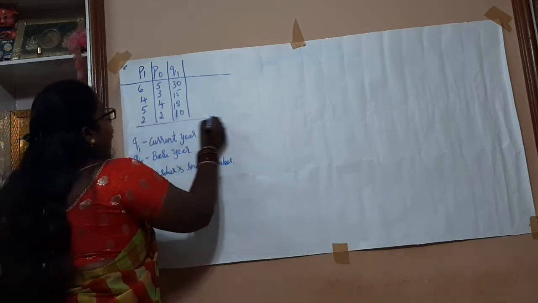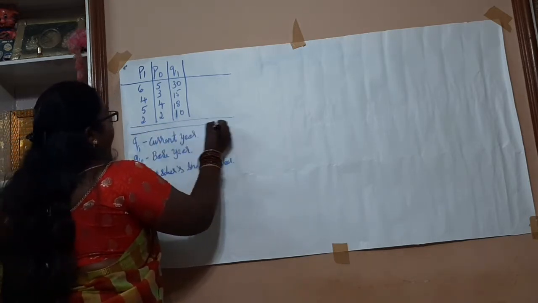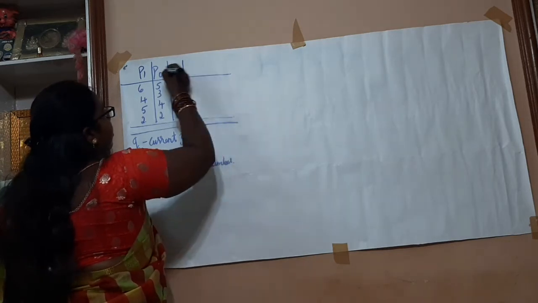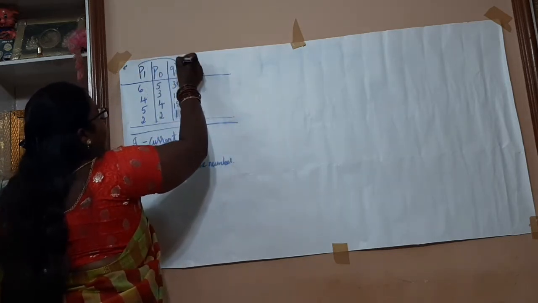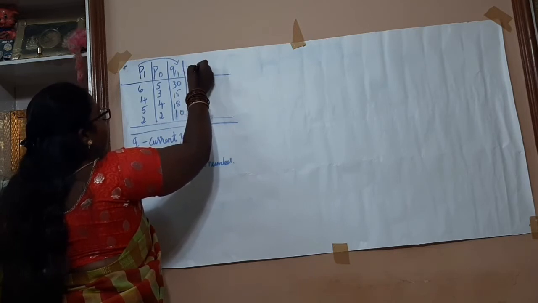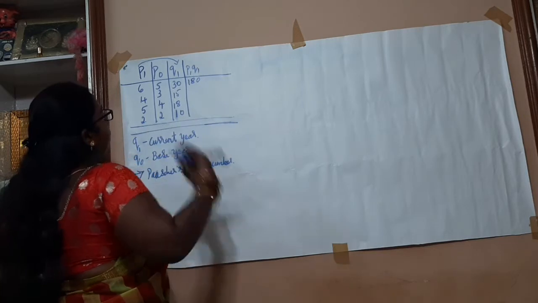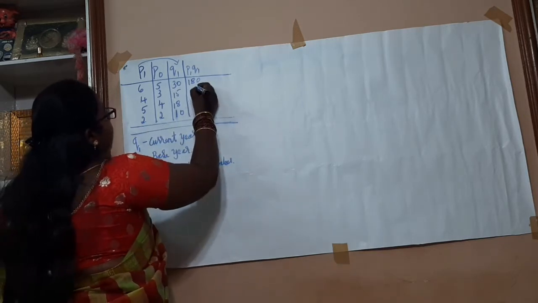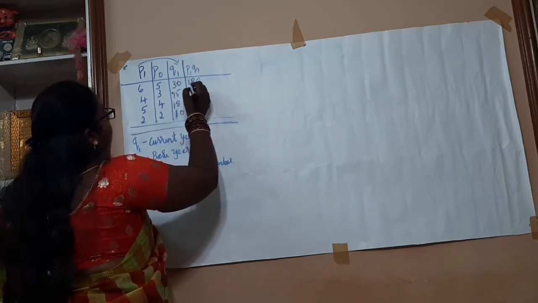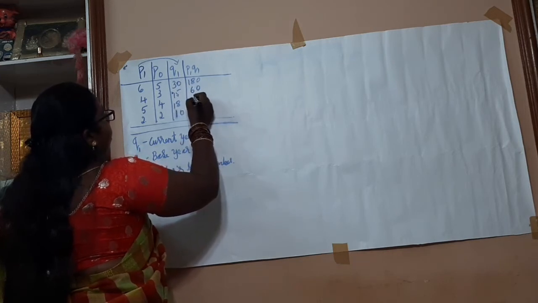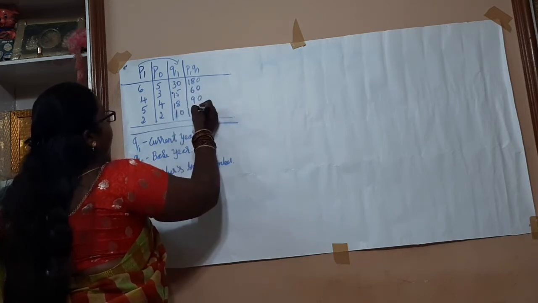Now we need to first multiply P1 with Q1. You will get 180, next 60, then 90, and 20.